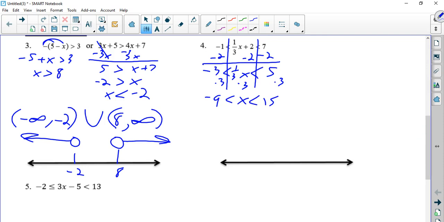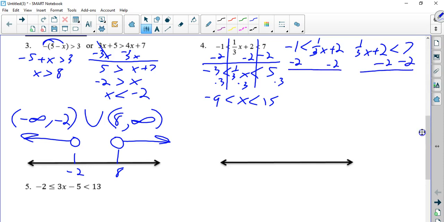Now, some people prefer to do this twice, and that's fine. You can do one problem here, and then do another problem this way. You're going to end up doing the same thing, just a little bit more work, because here you're going to minus 2, and here you're going to minus 2. So you do it 4 times instead of 3 times.